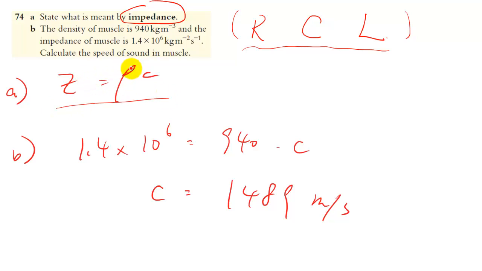I think the way that you can explain it is simply by referring back to the equation. So you may say it's a product of the density and the speed of the ultrasound in that particular medium, simply. Okay. For B, then it will simply be applying this equation, substituting, and you should find the answer.